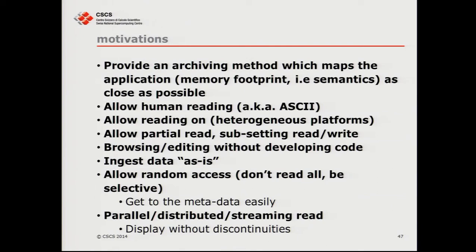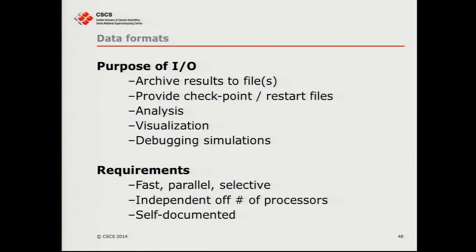This is extremely important. So random access is go to time step 1000 before reading the first 999, right? And then display without discontinuities. So we have to think about all those issues when we archive our data.